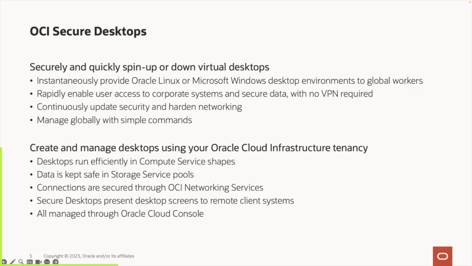But the only thing that is shown are the pixels from the screen. You don't have data that is moving to the user device. You simply have the pixels of the screens from the desktop that are shown. And all the management of creating pools and managing the desktops is done through the Oracle Cloud Infrastructure Console.